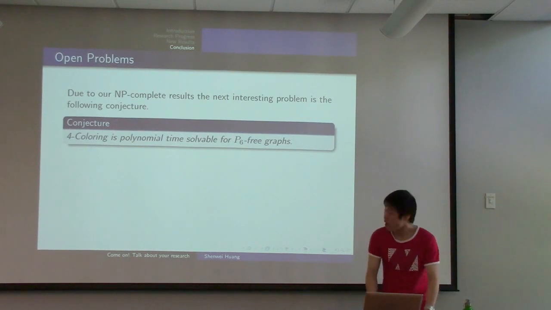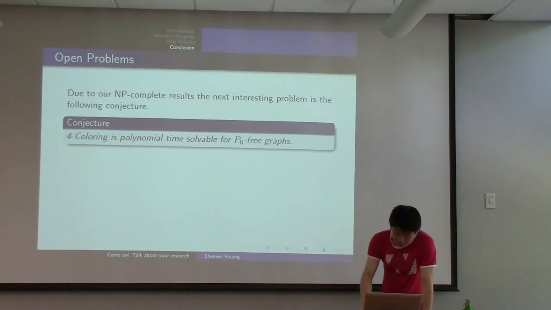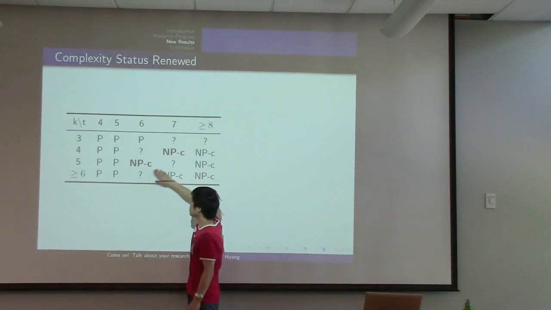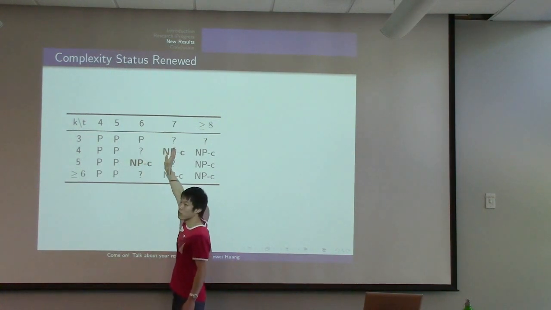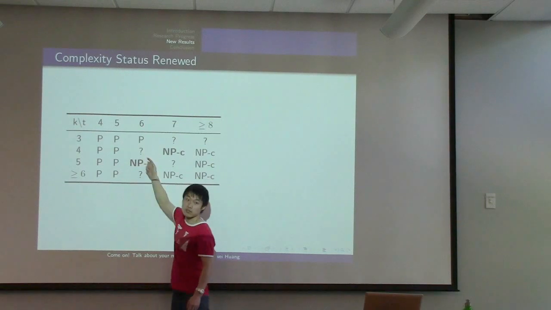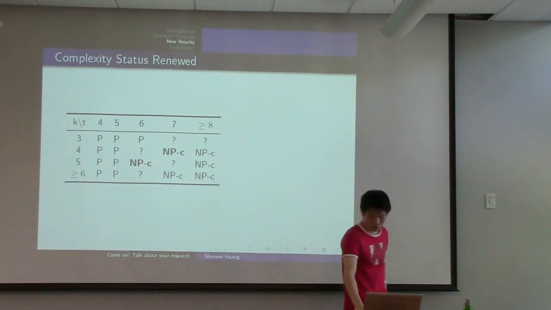Due to our NP-complete results, the next question is 4-coloring P6-free graphs, and we conjecture it should be polynomial. Because this is NPC, if we ignore 3-coloring, the first row, the only question left is here: 4-coloring P6-free graphs.